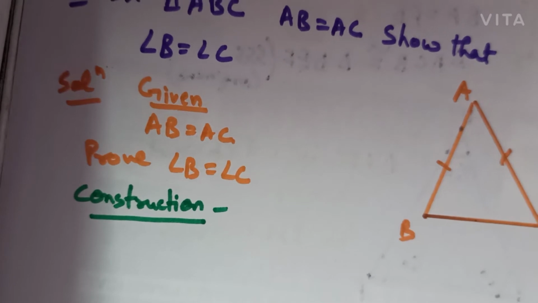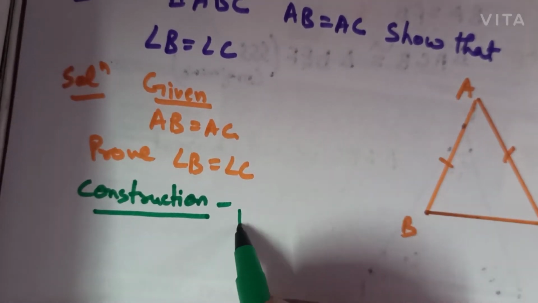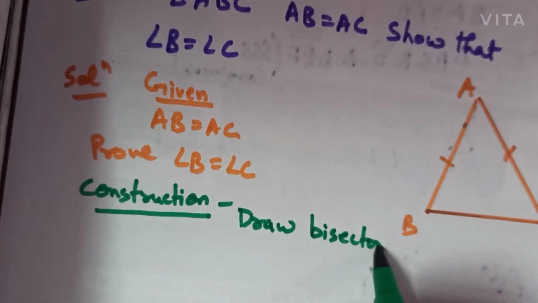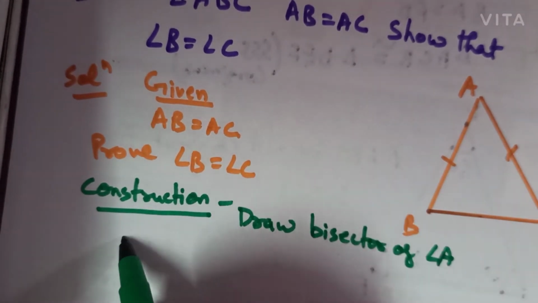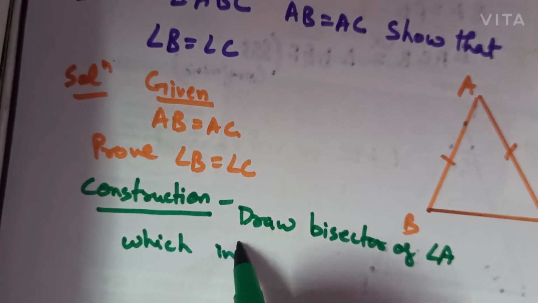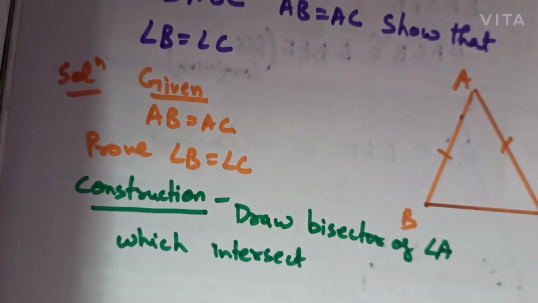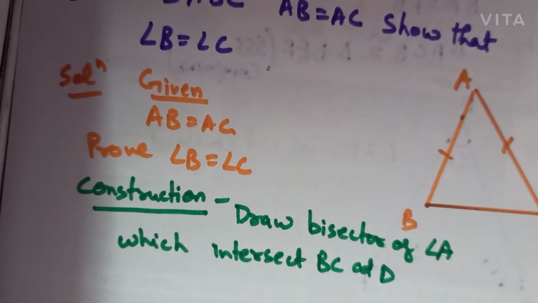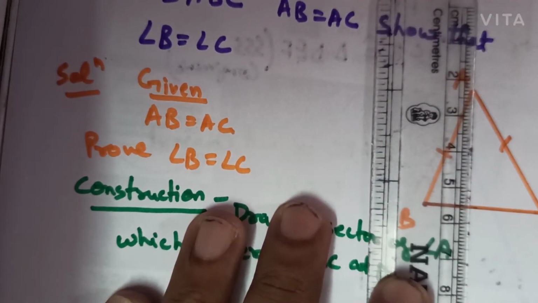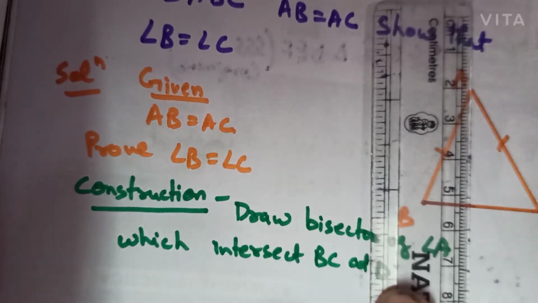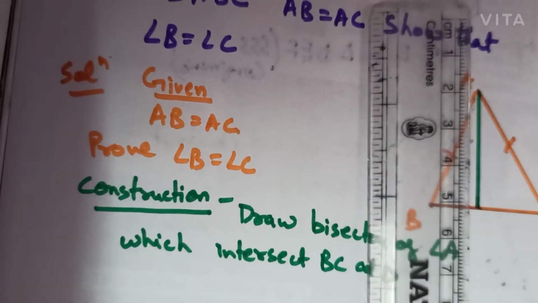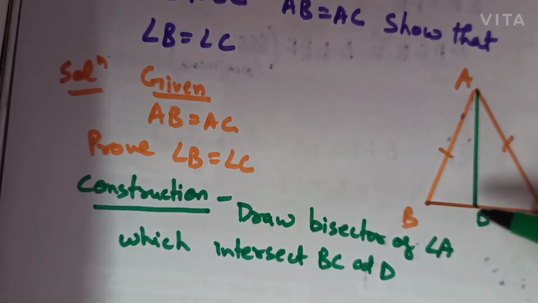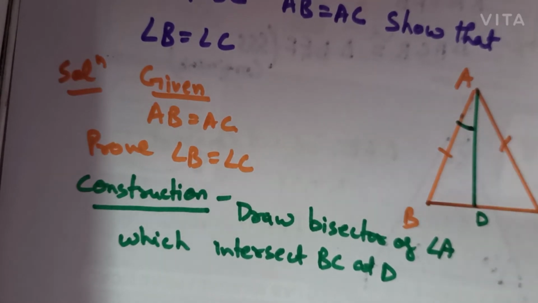First we will do the construction. Draw the angle bisector, that is the bisector of angle A, which intersects the line BC at D. So we will be drawing an angle bisector of angle A. If this is the angle bisector and this is point D, that means angle BAD will be equal to angle CAD.